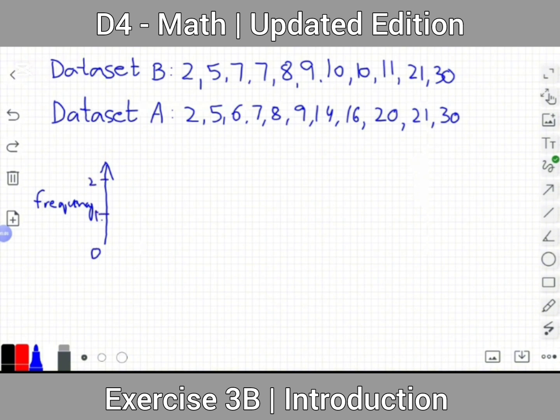Now along the x-axis we will take the data points or the dataset values.